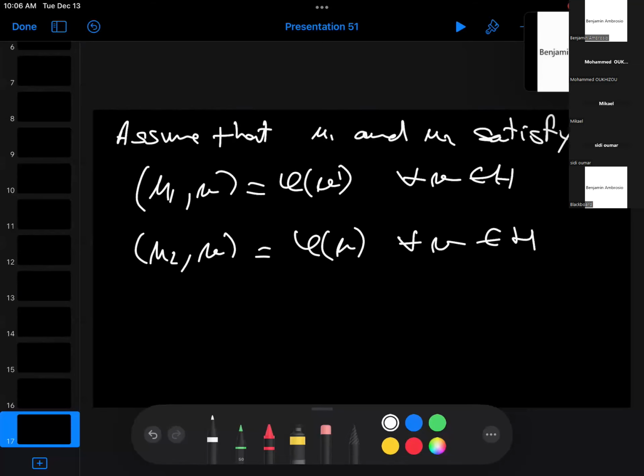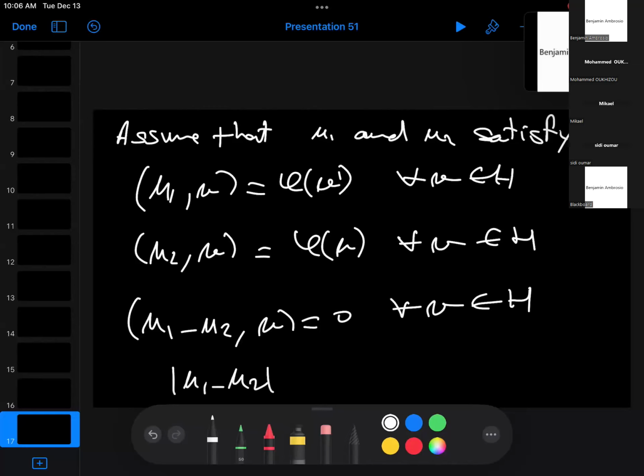Okay, this means that the scalar product of U1 minus U2 and V equals 0 for all V. So if I choose V equals U1 minus U2, I obtain that the norm of U1 minus U2 squared equals 0. So U1 equals U2. And now we're done.